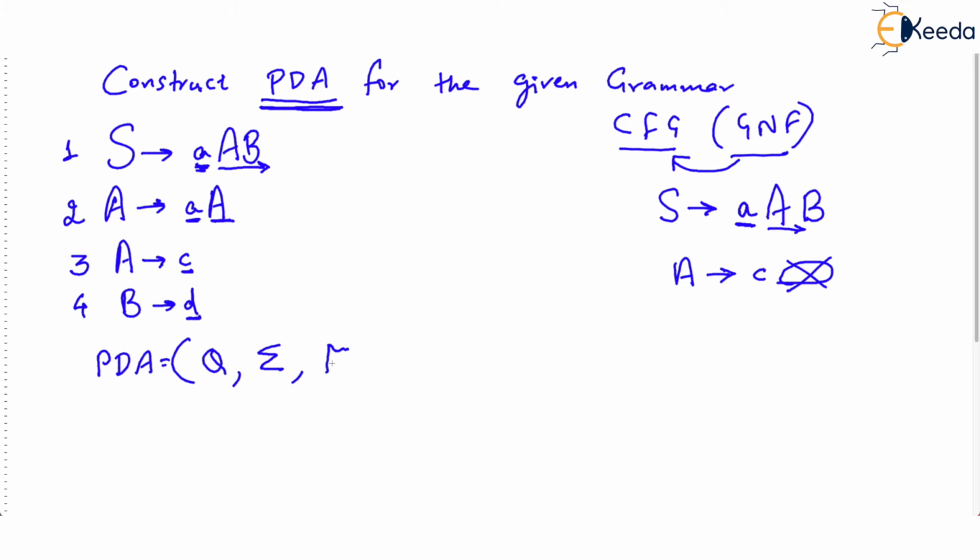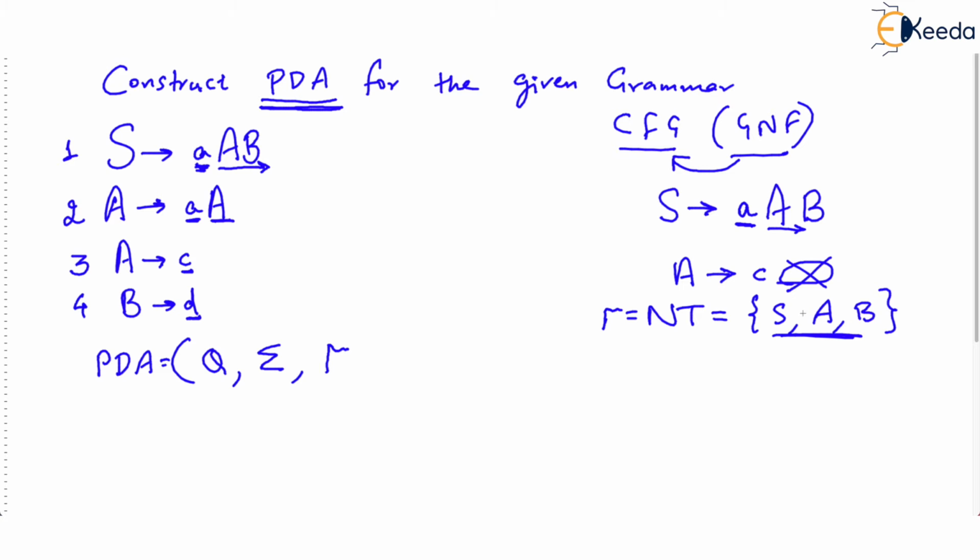Now here the stack symbols are going to be non-terminals of your GNF. Which non-terminals are there in the given GNF? Non-terminals are S, A, B. That's it. These will be the stack symbols. Just check how stack symbols can be easily found out from the given grammar.